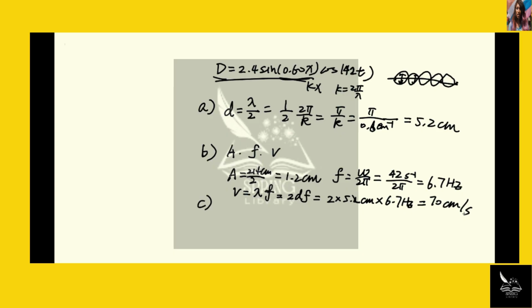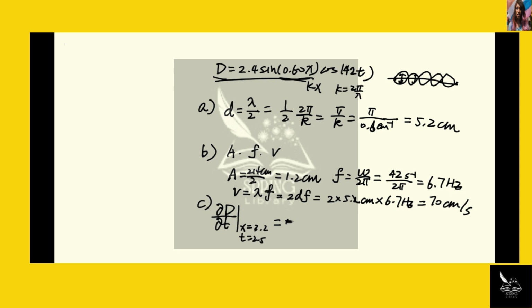And finally, we want to know the speed of a particle at 3.2 centimeters and 2.5 seconds. In order to know the speed of a particle, we need to take the derivative with respect to t, at x equals 3.2, t equals 2.5. When we take the derivative, we have 42, and the derivative of cosine is negative sine.